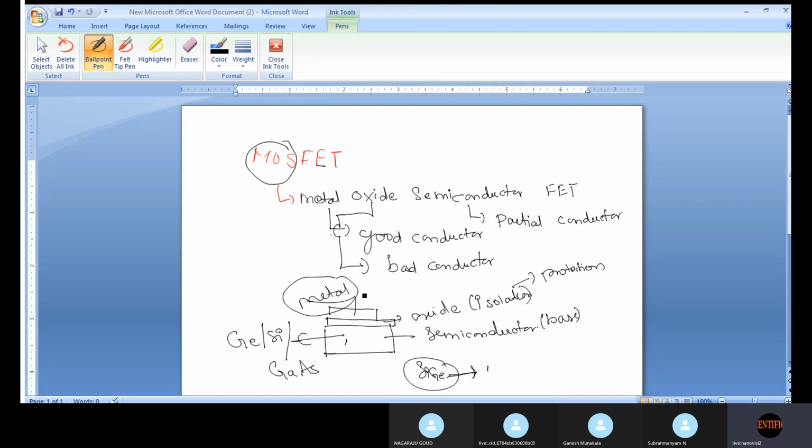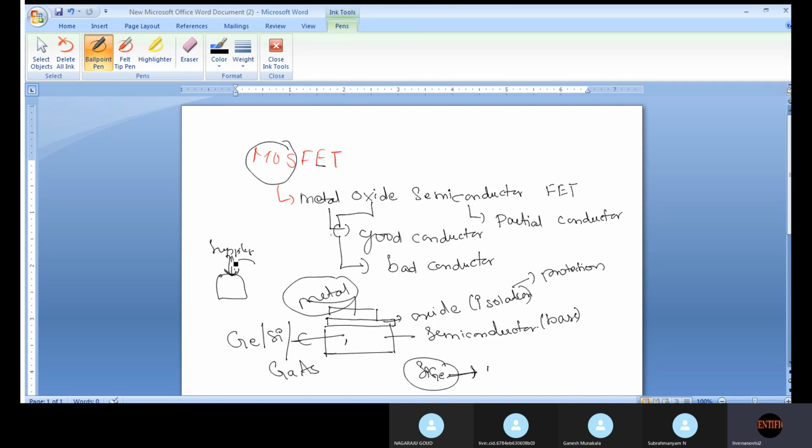Also, if you want to give some supply to your IC, you will be giving the supply directly to the metal.